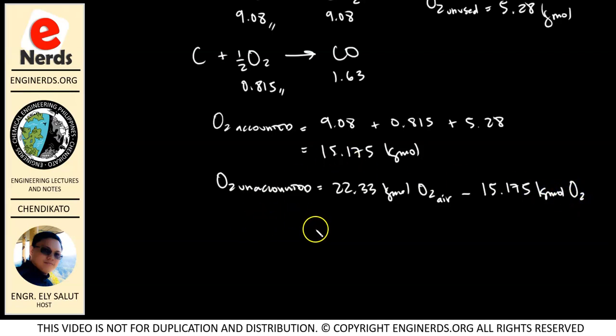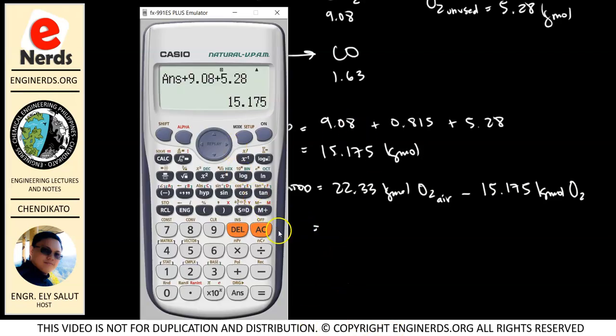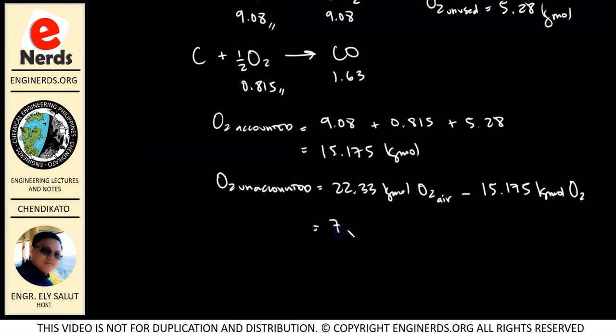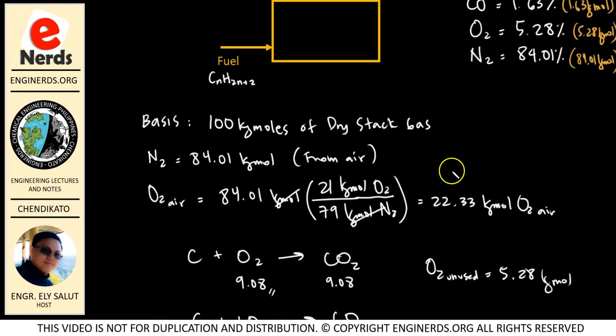Right? So, that means our O2 unaccounted is equal to 22.33 minus 15.175. So, we have 7.155. So, we can say this is 7.16 kilogram mole. So, that is the oxygen that is not shown here, no?